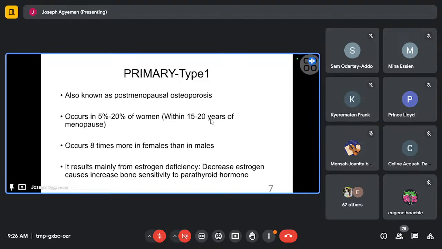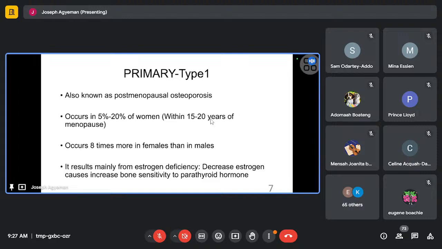Men too, when they grow older, remember, men also produce some level of estrogen. Our main sex hormone is testosterone, but don't forget, men also produce estrogen. That is why if you have some man with excessive production, then that man will exhibit feminine behavior.